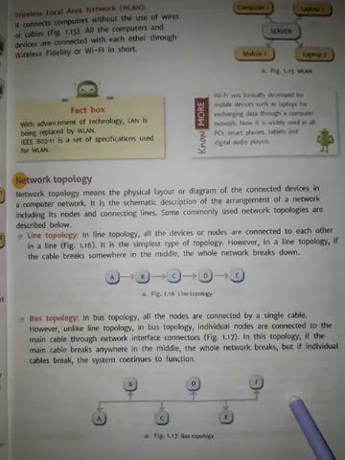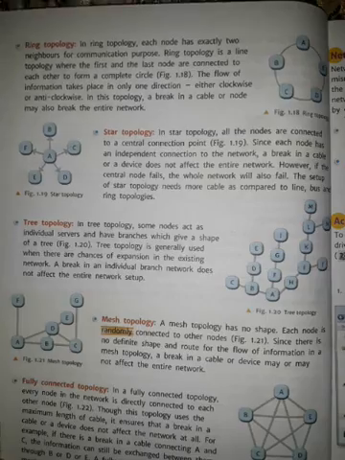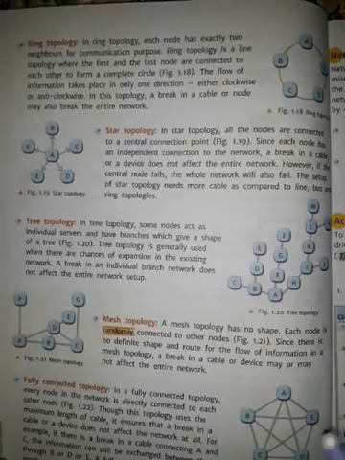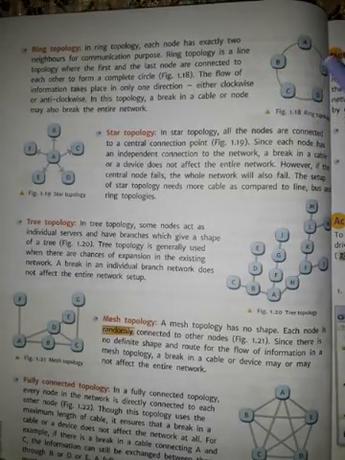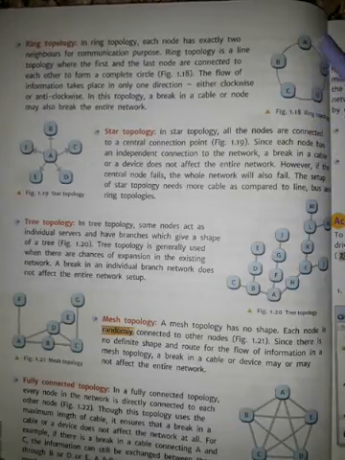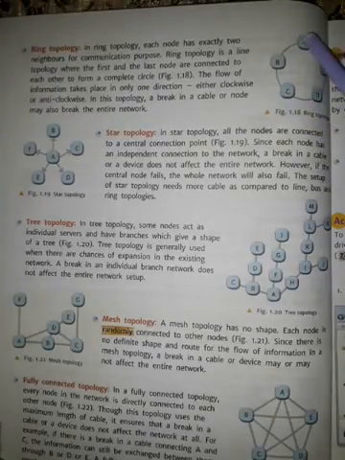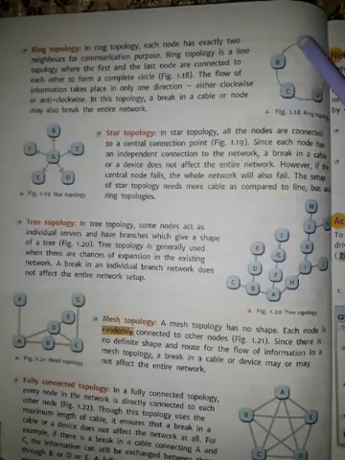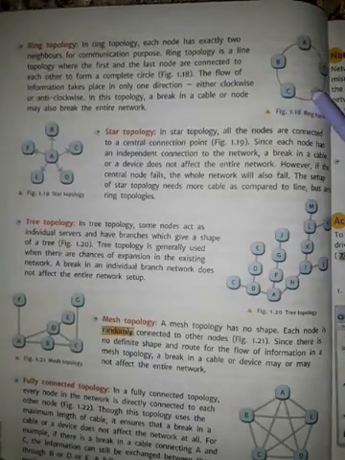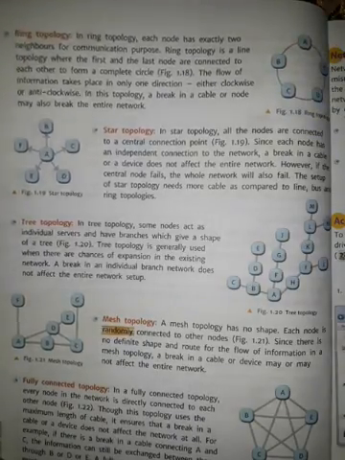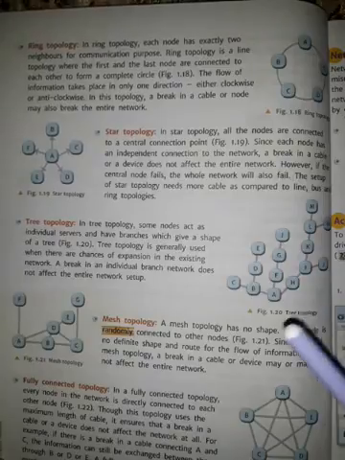Okay, now the next topology, ring topology. In this type of network, each node is connected to the others in a circle, and the data flows from one node to another in a clockwise or anti-clockwise direction.